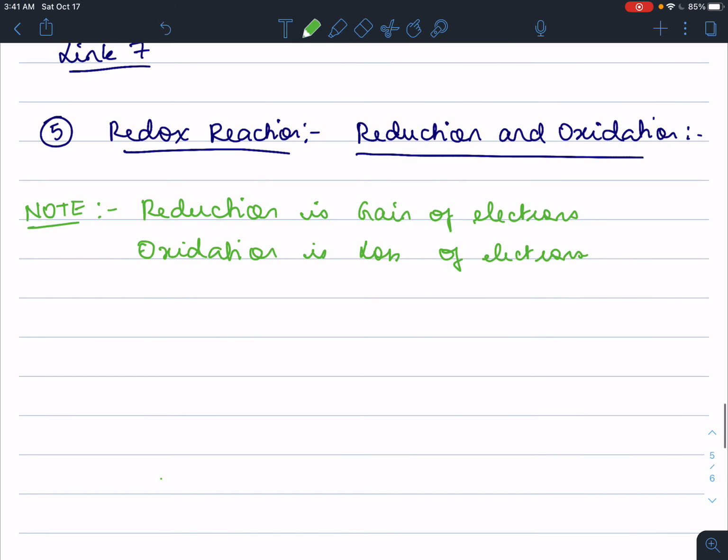Think about it this way. Look at the charge of an element. All right. Let's say we have FeO plus O2 gives Fe2O3. All right. So how does this happen? Well, look at the charge over here.